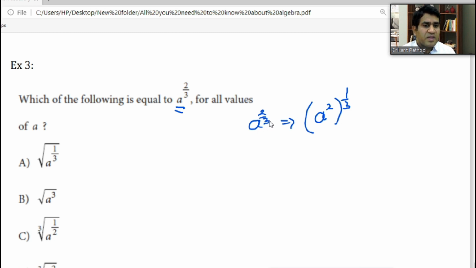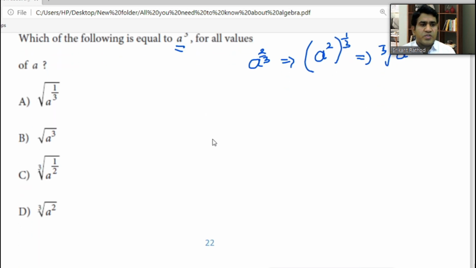Whatever the denominator is goes with the root, and whatever the numerator is stays with the number, that is the square, cube, power 4, something like that. As it is 1/3, it's basically the cube root of a number. So the cube root of a squared will be the answer. Which one is the option here? Cube root of a squared is option D.